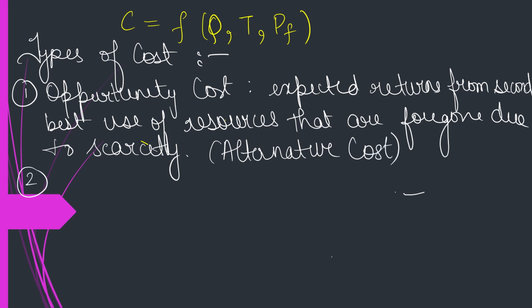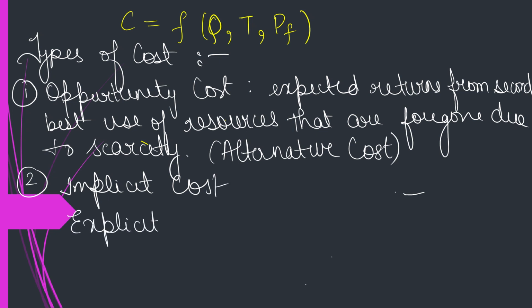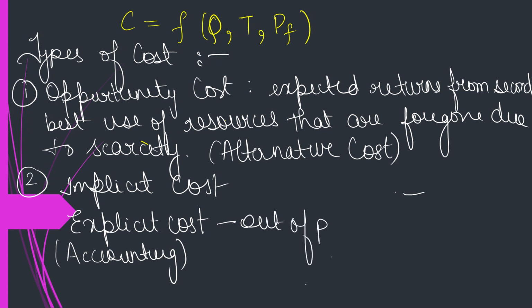Second, implicit. We had done implicit and explicit cost. Implicit costs do not incur any cash outlay or reduction in assets or increase in liability, hence are not recorded in book of accounts. Implicit cost, explicit cost. Explicit cost is also known as accounting cost. So this is also your out of pocket expenditure.